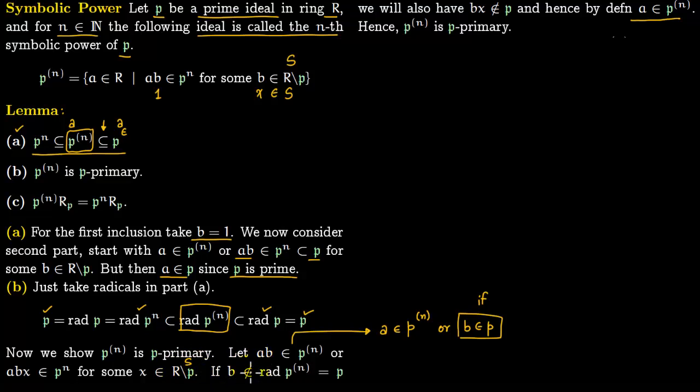Now say B does not lie within the radical of P to the symbolic power of n, which is P. So B does not lie within P. So if B does not lie within P, then it lies in the complement of P. So B lies within this multiplicatively closed set S again, which is R minus P. X also lies in R minus P, since this is the multiplicatively closed set S. So you have Bx lies within S, or Bx does not lie within P, which is a prime ideal.